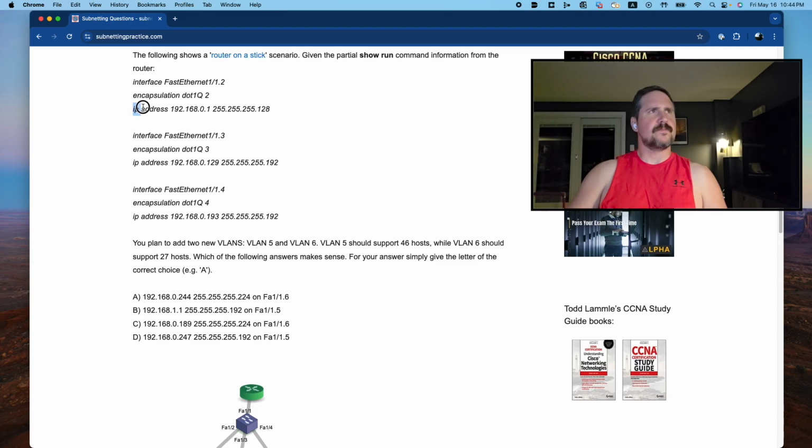First of all, what I notice about the first three that already exist, everything has a subnet mask where the first three octets are set to 192.168.0.